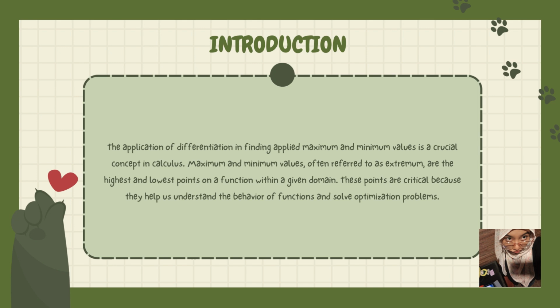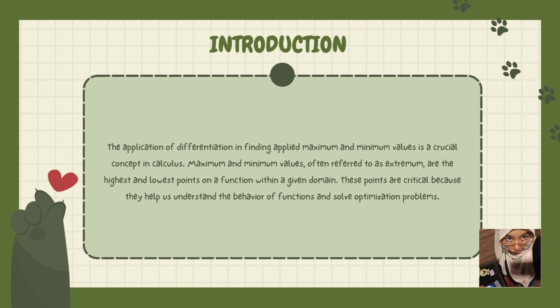Maximum and minimum values, often referred to as extremum, are the highest and lowest points on a function within a given domain. These points are critical because they help us understand the behavior of functions and solve optimization problems.